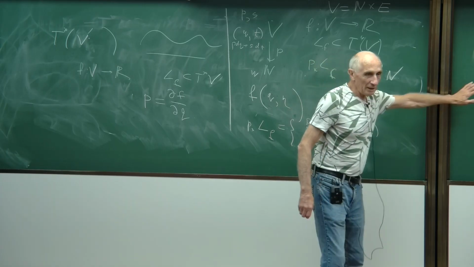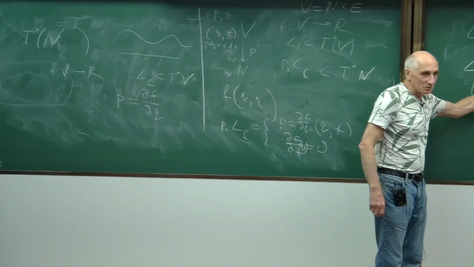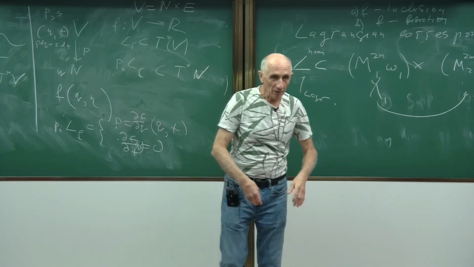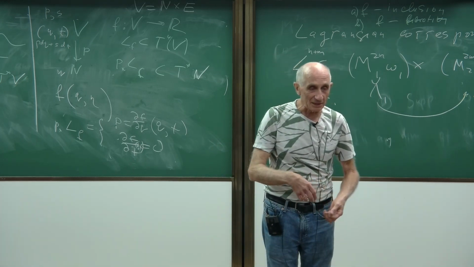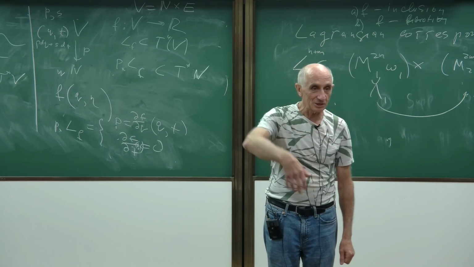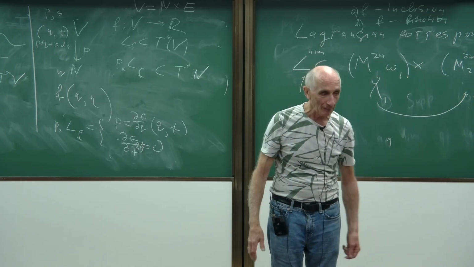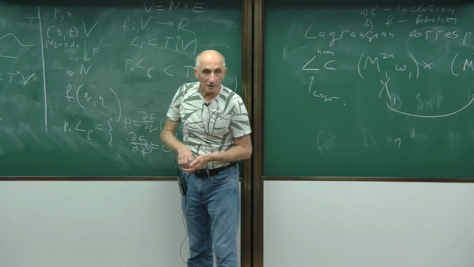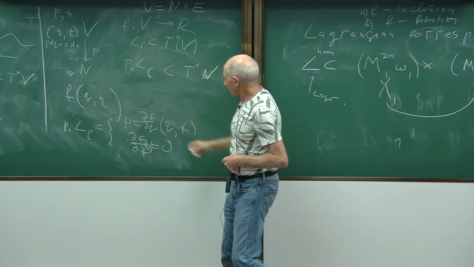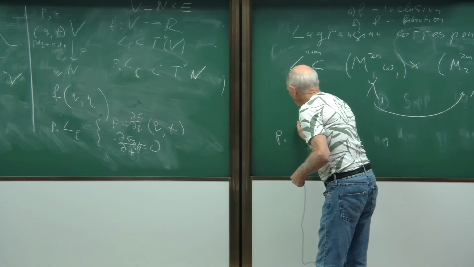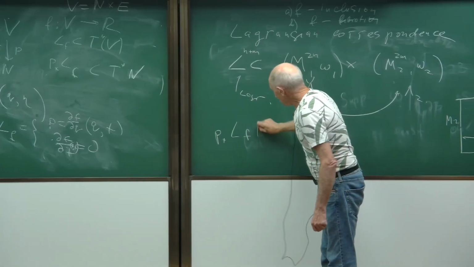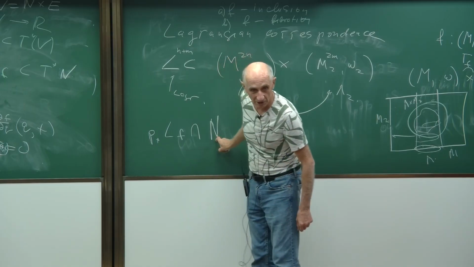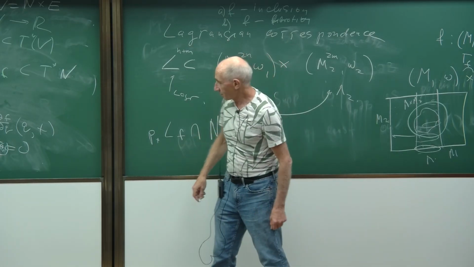I would like to study some properties of this Lagrangian in the cotangent bundle of N, and we notice the following: what is the intersection of this P star of LF with the zero section, with N itself, the zero section in T star N?